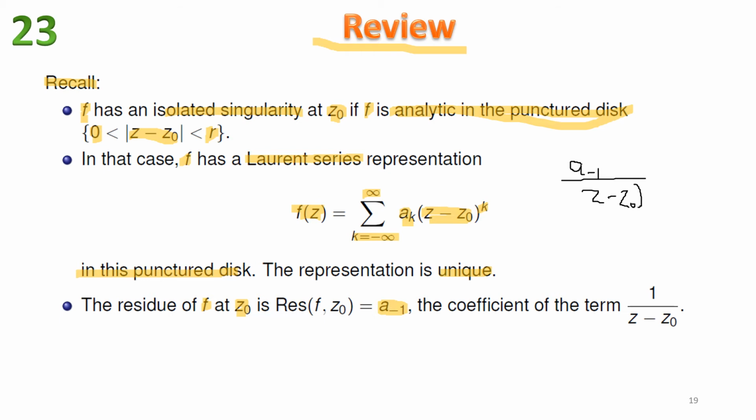So in the Laurent series, this is the term of importance. The moment you find this coefficient a minus 1, it becomes the residue of the function at z0. It is the coefficient of the term 1 upon z minus z0. I have written it already here.